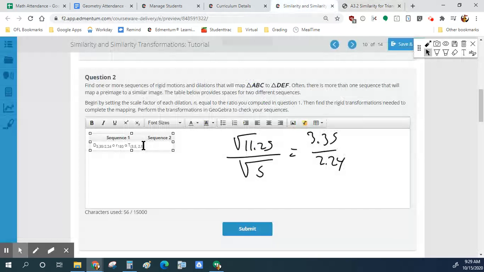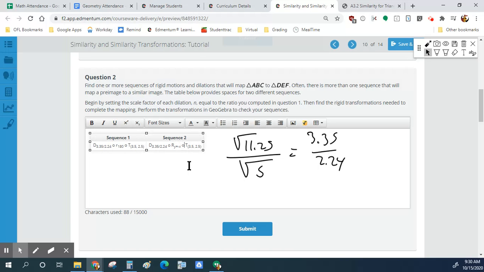So for this one, it's the same thing, except instead of doing a nice rotation, which is honestly what you should do, if you want to do another type of sequence, you can do a reflection. And the reflection is going to be about the y equals negative x line.